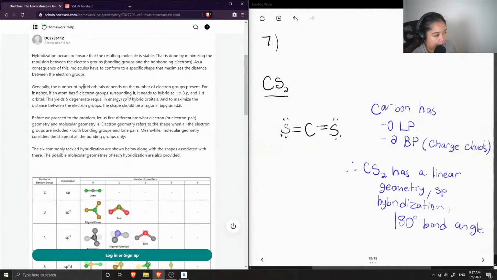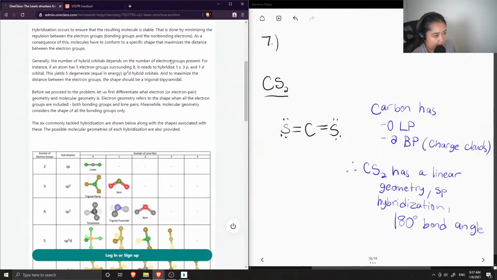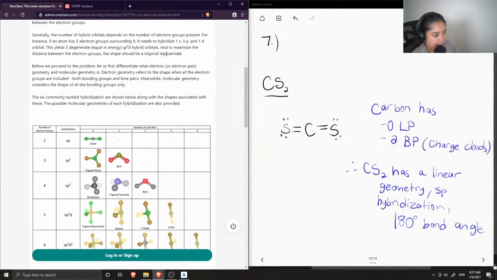Generally, the number of hybrid orbitals depends on the number of electron groups present. For instance, if an atom has 5 electron groups surrounding it, it needs to hybridize 1s, 3p, and 1d orbitals. This yields 5 degenerate, equal in energy sp3d hybrid orbitals. And to maximize the distance between the electron groups, the shape should be a trigonal bipyramidal. So this is shown here.